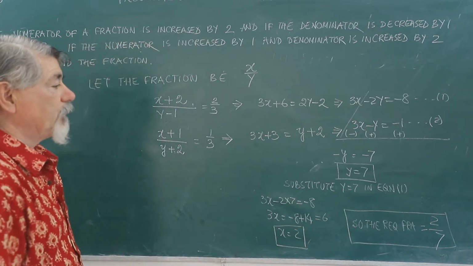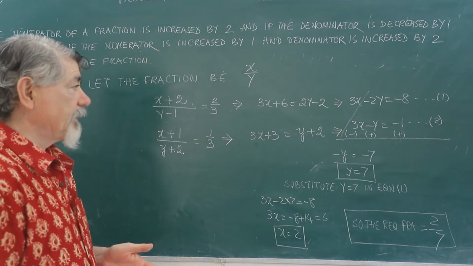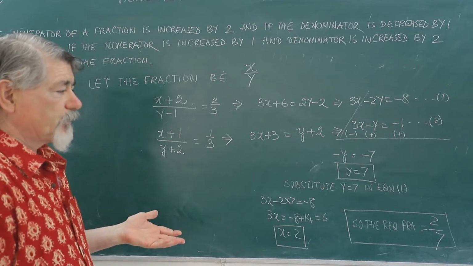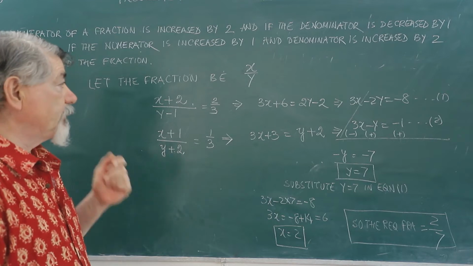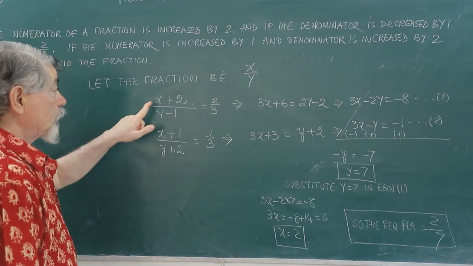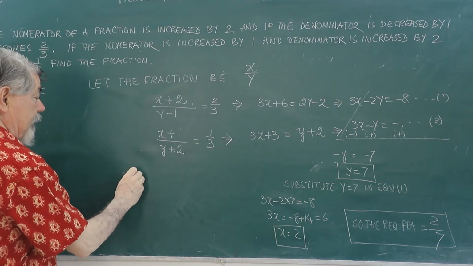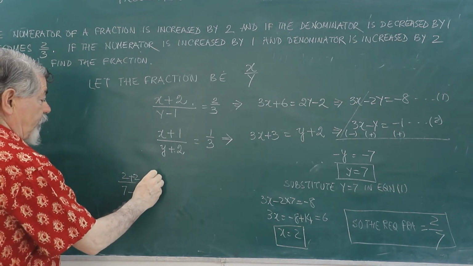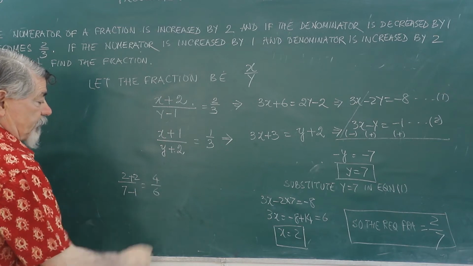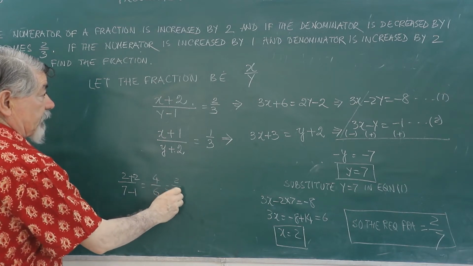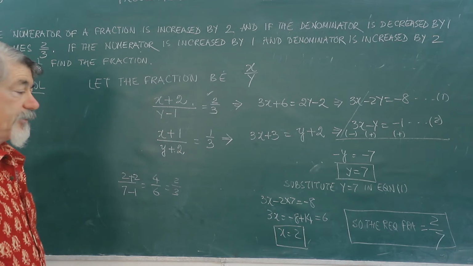Let us check it now whether your answer is correct or not. I'll tell you once or twice, then I'm going to avoid it. You will do it yourself. If 2 is added to 2 upon 7 is the fraction, and 1 is subtracted, it will become 4 upon 6. 4 upon 6 means 2 upon 3, which is the first condition.